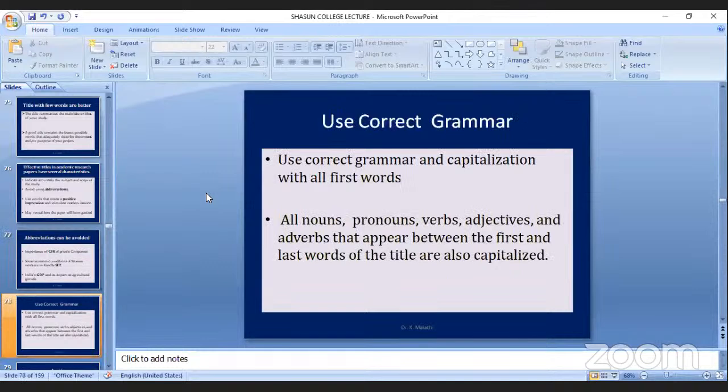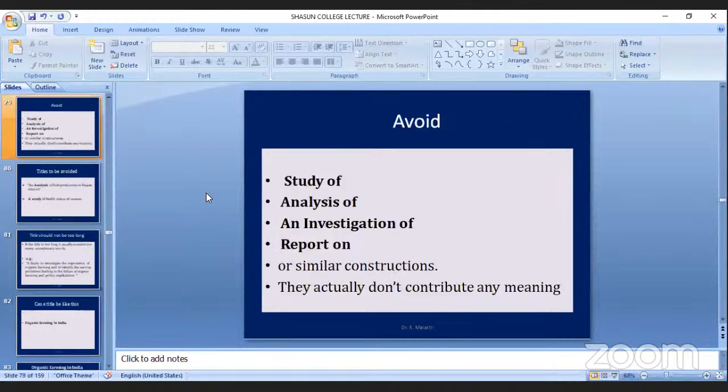Use correct grammar, correct verbs, correct pronouns, like "impact on" and "effect of"; "effect on" will not come. So you have to use proper grammar. Avoid using "study of," "analysis of," "investigation of," "report." These words don't contribute anything to your title.